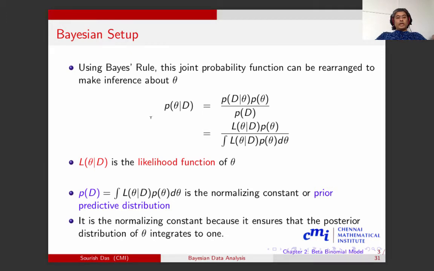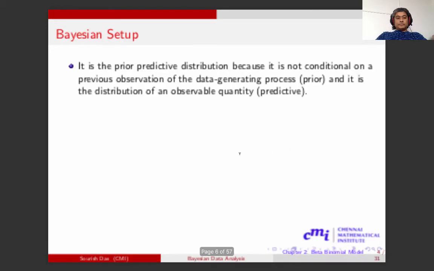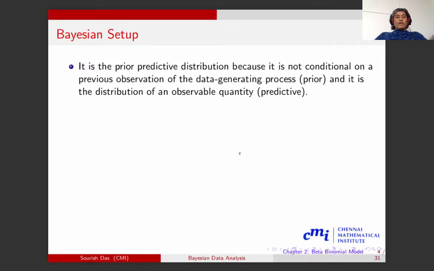So if you integrate the posterior distribution of theta over theta, it will be 1. That is being ensured by this normalizing constant P of D. It is the prior predictive distribution because it is not conditional on previous observations of the data generating process, only on the prior, and it is the distribution of an observable quantity, typically called predictive.